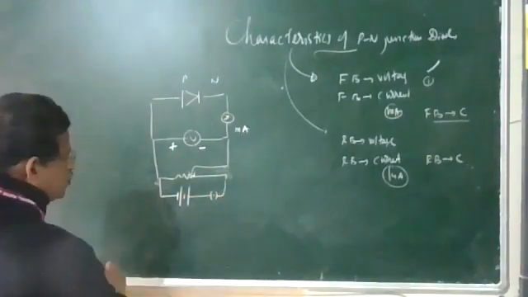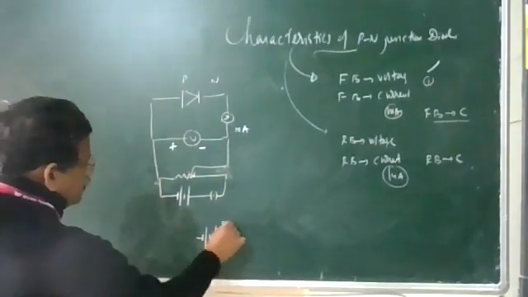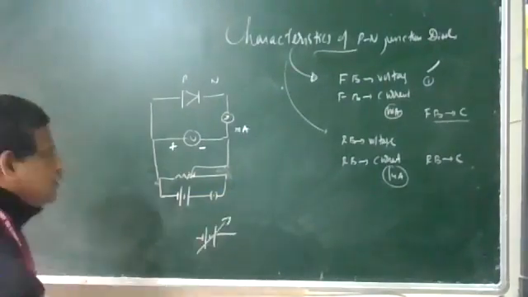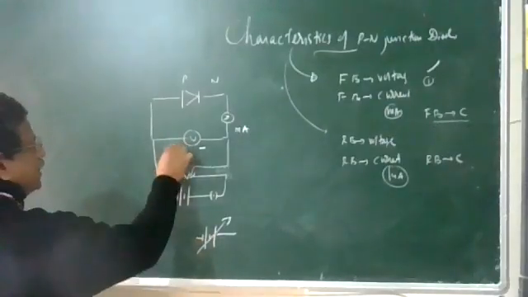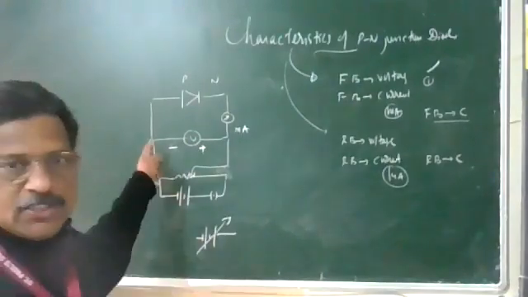Or simply you can show a variable battery whose value you can change, so we put an arrow mark for the variable battery, and this will be negative. Again, so it's in reverse biasing.